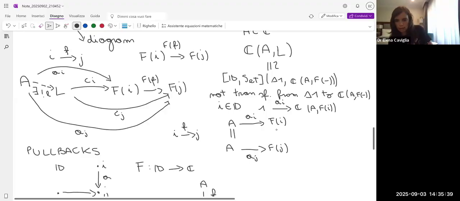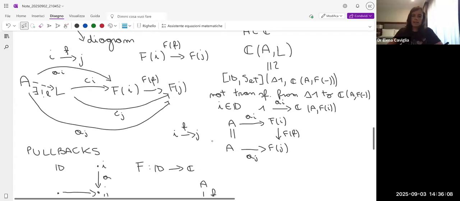This is just the identity. And now we have F(f). So this square is simply one of these triangles that we had in the cone. It's this big triangle there.